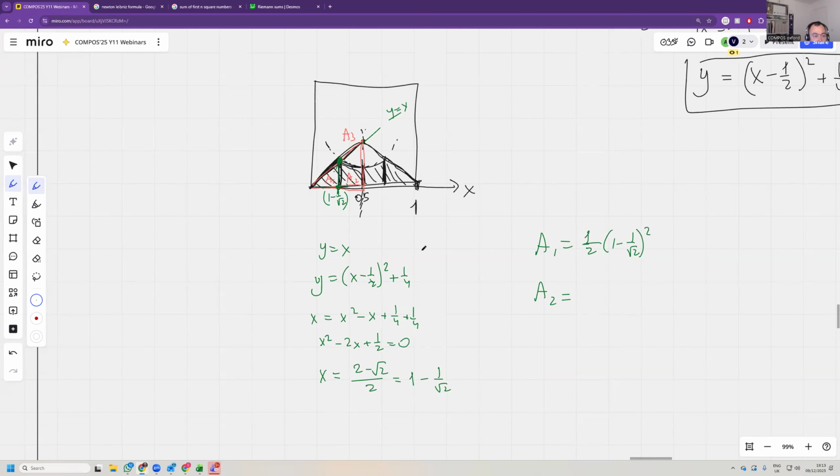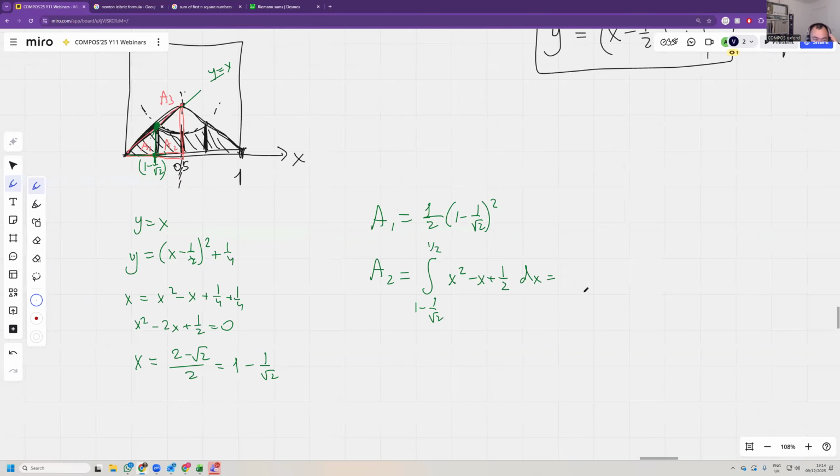A2 is the area under the curve. That's the integral from 1 minus 1 over root 2 to 1/2 of y, so of x squared minus x plus 1/2, dx. If we substitute that in, we get a number.